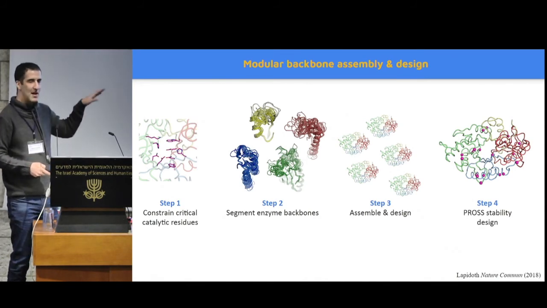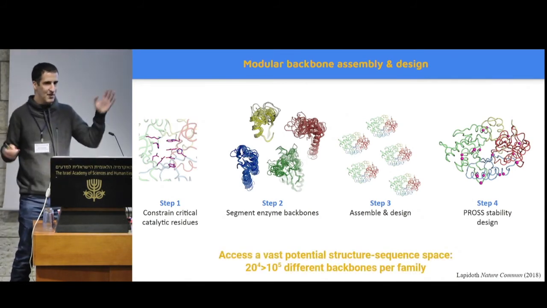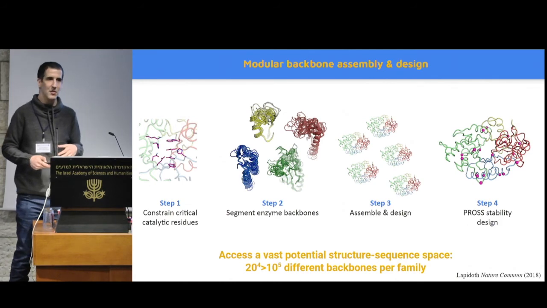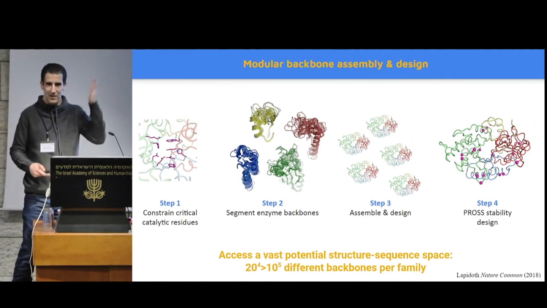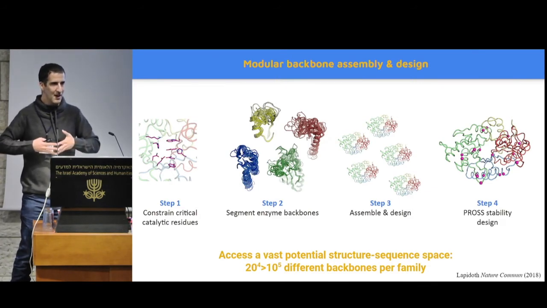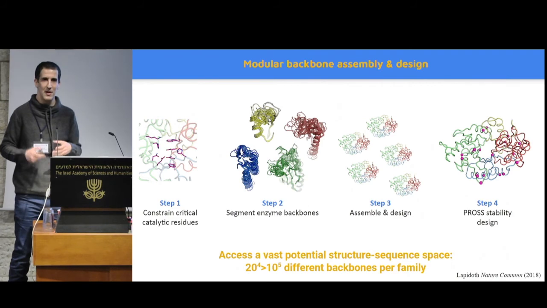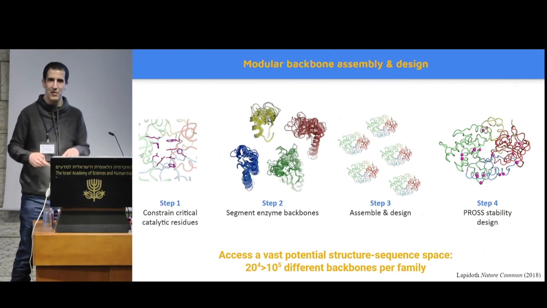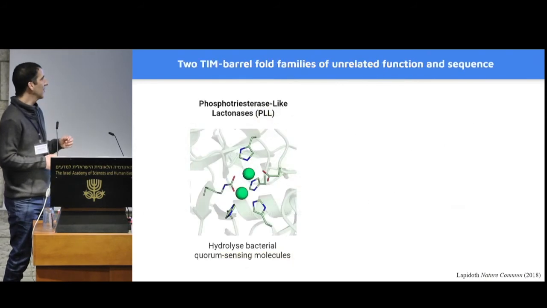The key point here, as in antibodies, is that even if you have just 20 unique structures for a given enzyme family, you can have access here to more than 100,000 unique backbone conformations. So this can provide a vast amount of structural diversity, which may also translate to functional diversity.